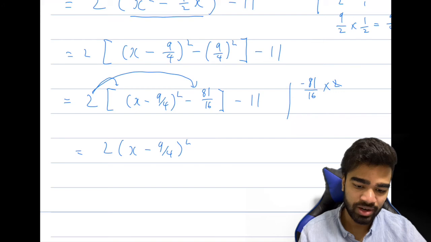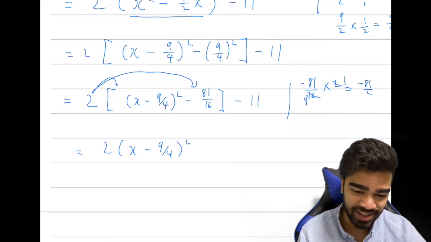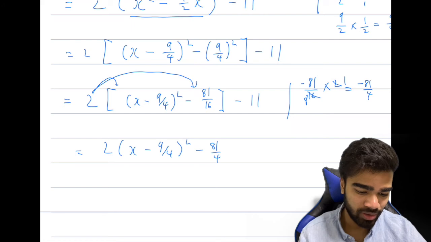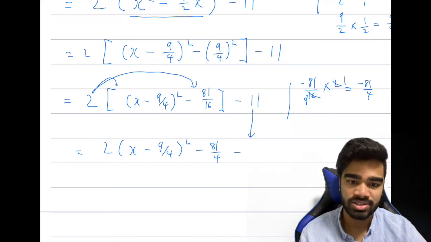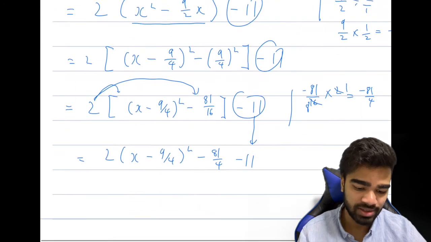I can cross simplify. 2 goes into 2 once, 2 goes into 16 8 times. Done. So negative 81 over 8. So minus 81 over 8, and then this negative 11 just comes down as it's been doing this whole time. So you can see negative 11 just keeps coming down.